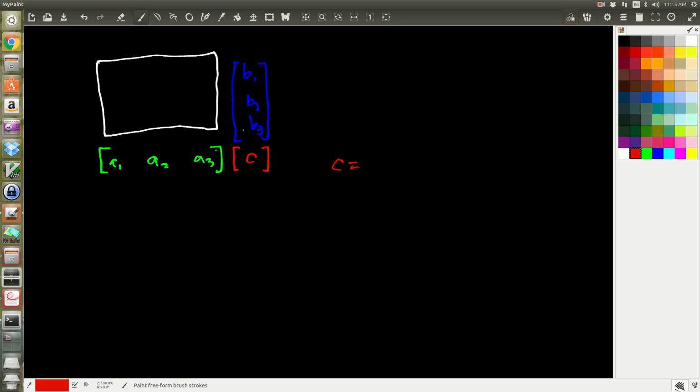And so C is going to equal the dot product. We call this the scalar product, the dot product, or the inner product. So a bunch of different names.